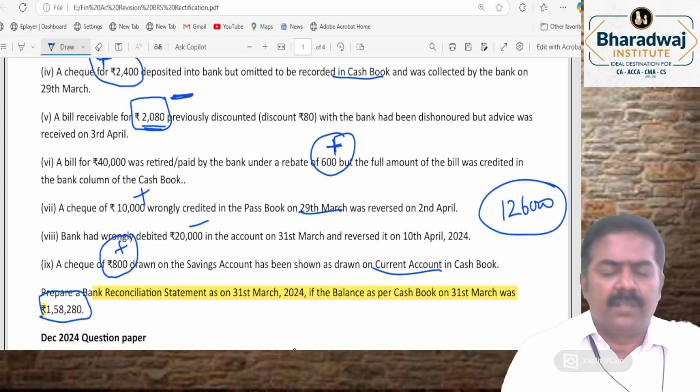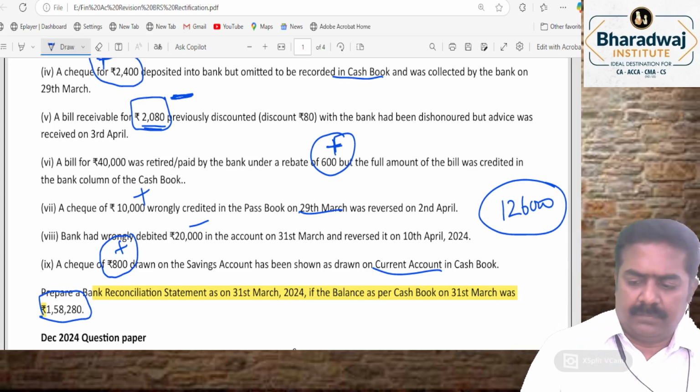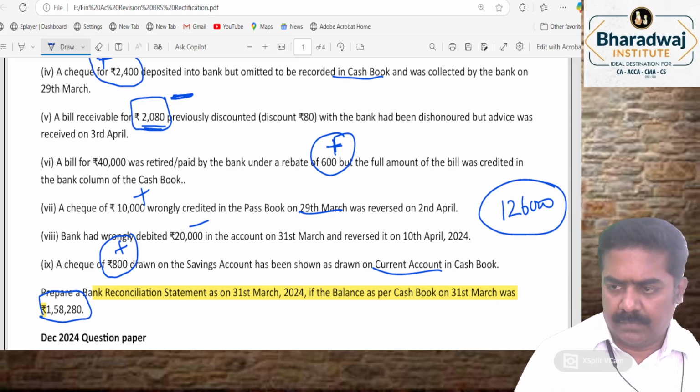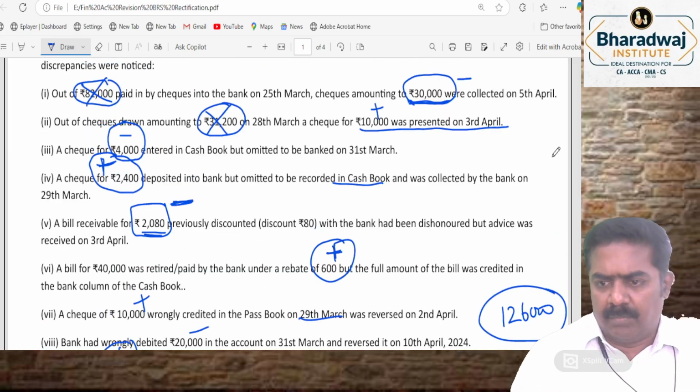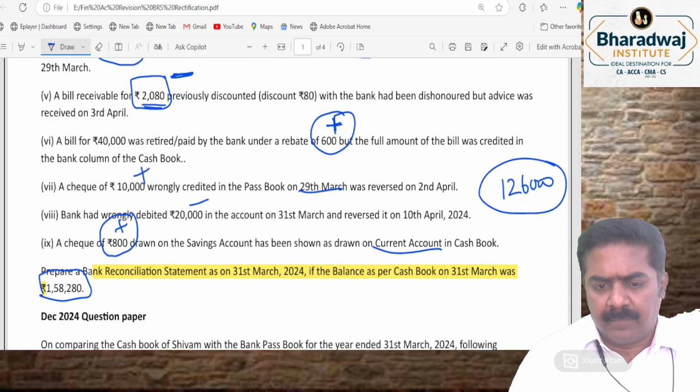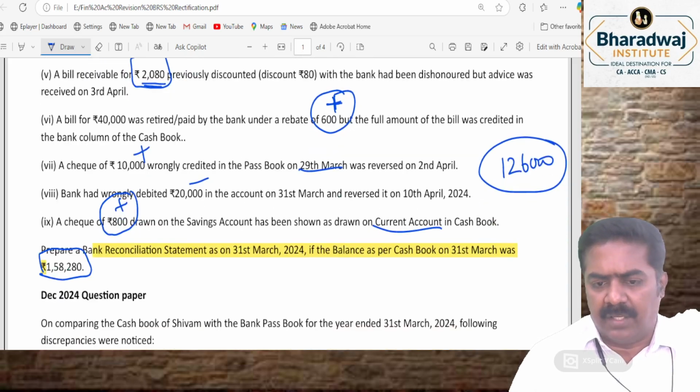Balance as per passbook. Minus 30 plus 10 minus 4 plus 2,400 minus 2,080 plus 600 minus plus 10,000 minus 20,000 plus 800 will give us 1,26,000.